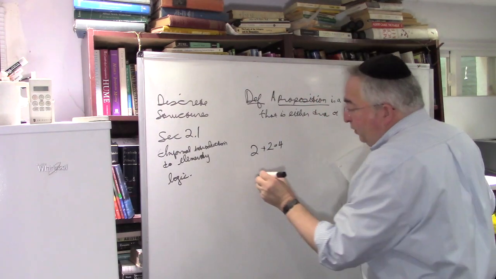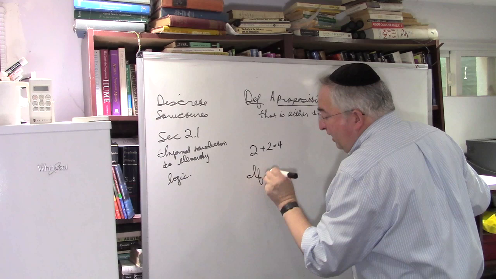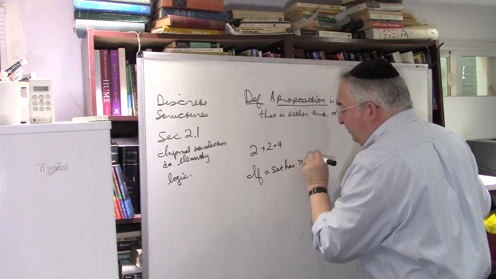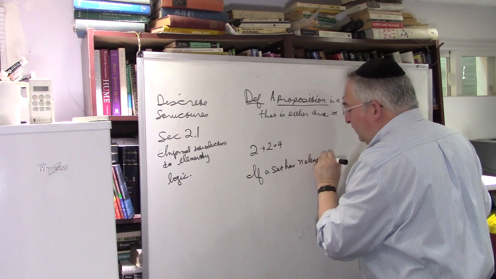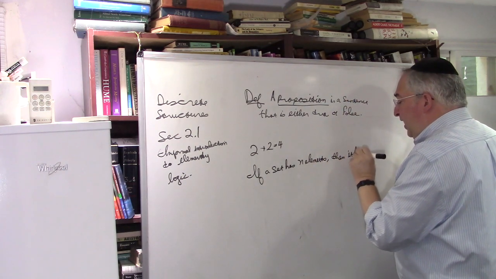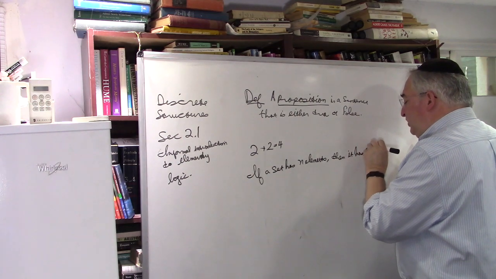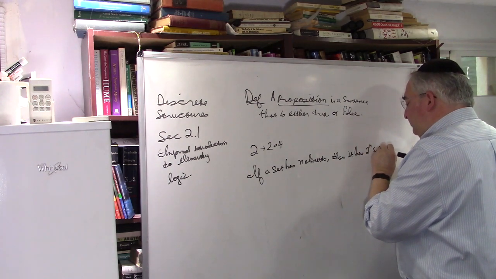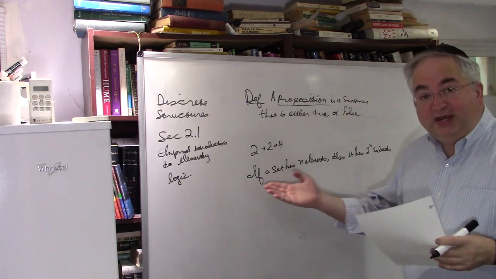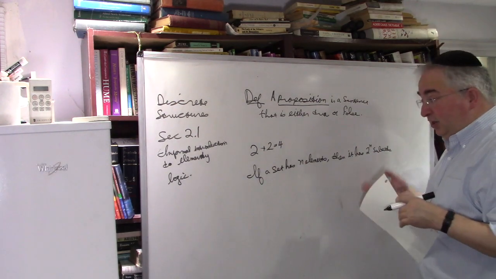Okay, here's one that we saw before. If a set has n elements, then it has 2 to the n subsets. We talked about this when we talked about power sets. Now that is a statement, it's true.